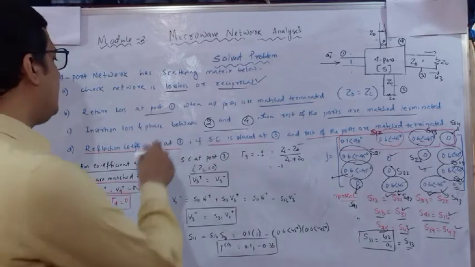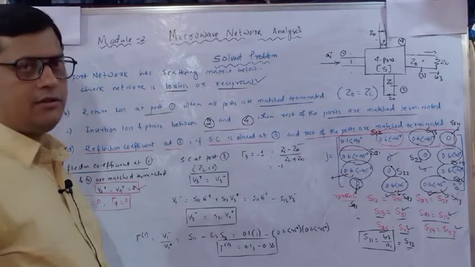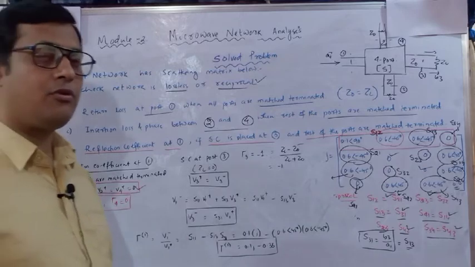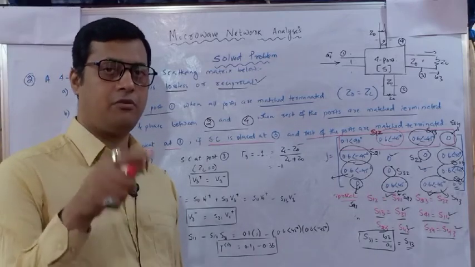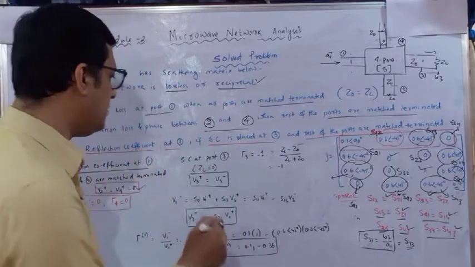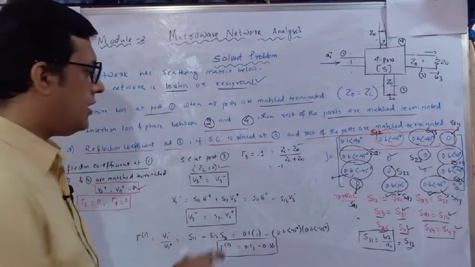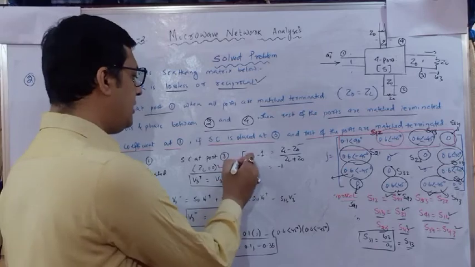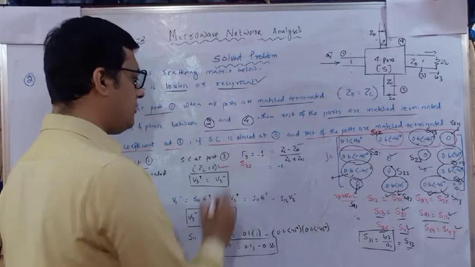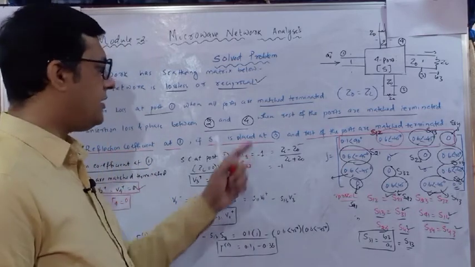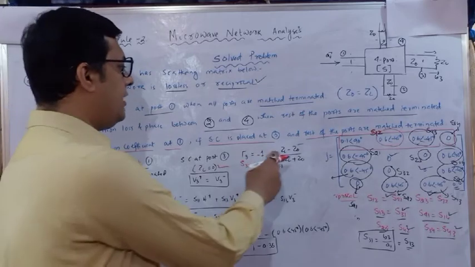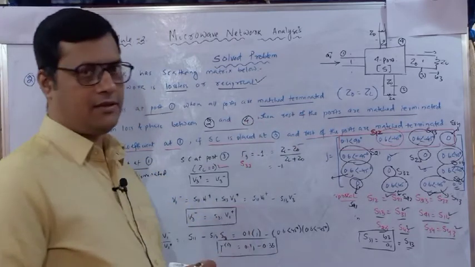Second, the short circuit is placed at port 3. So short circuit placed at port 3 means your load impedance at port 3, ZL, is equal to 0. So here I have written ZL equals 0. Now the reflection coefficient at port 3, I can write as S33 also, minus 1 as per the given condition: ZL minus Z0 divided by ZL plus Z0.